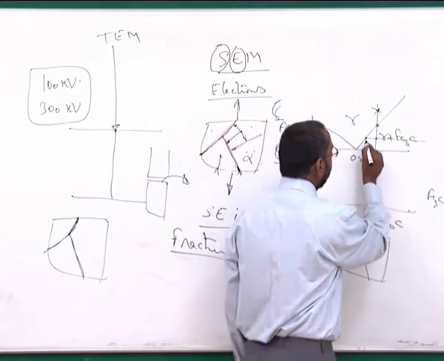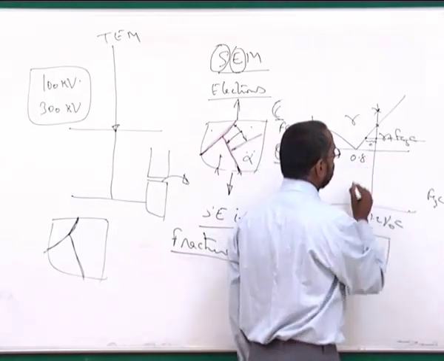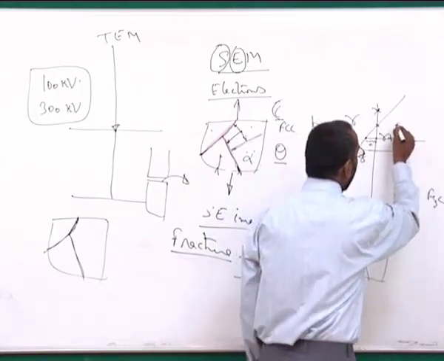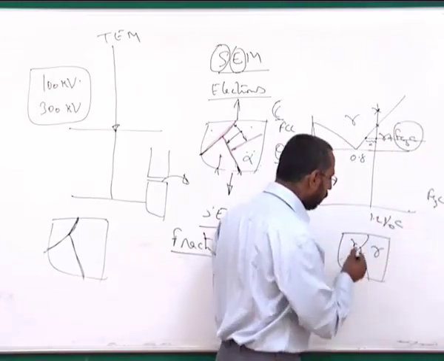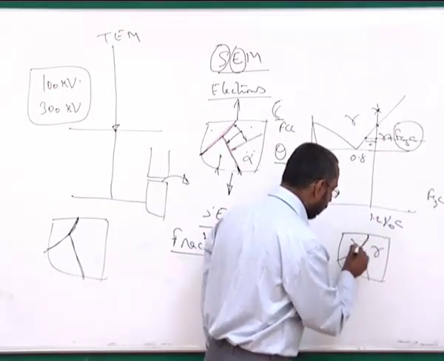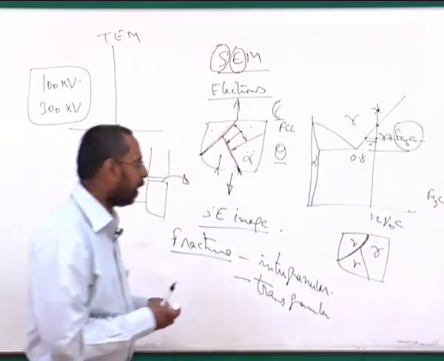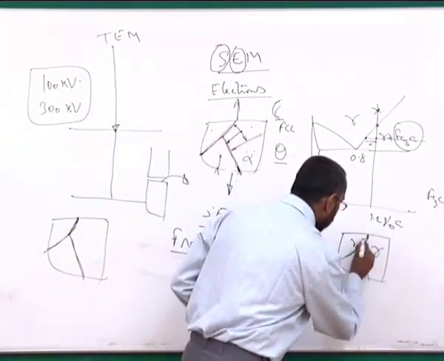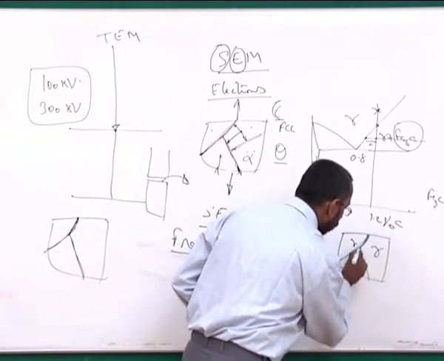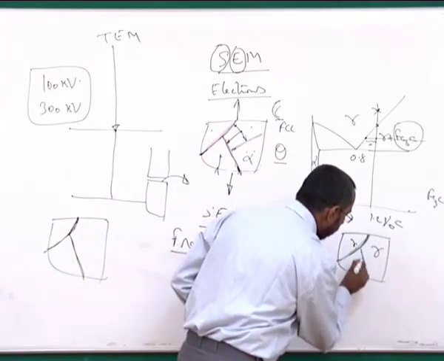As a result, this excess carbon will precipitate out as cementite, and that cementite precipitates out at the grain boundaries again, like a thin layer.